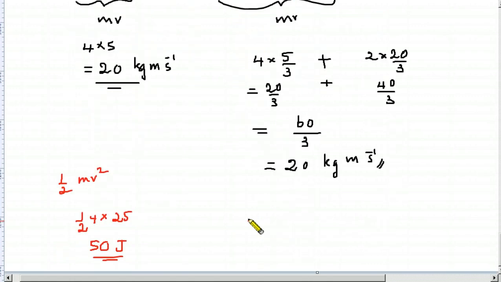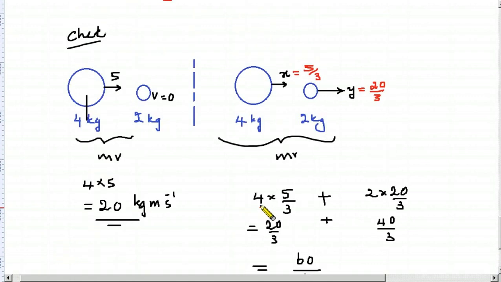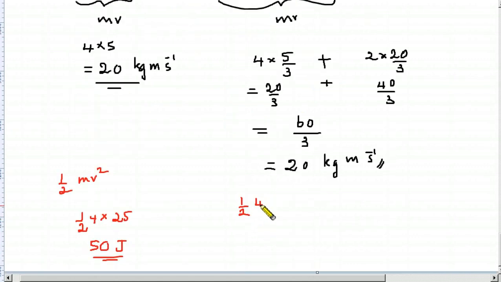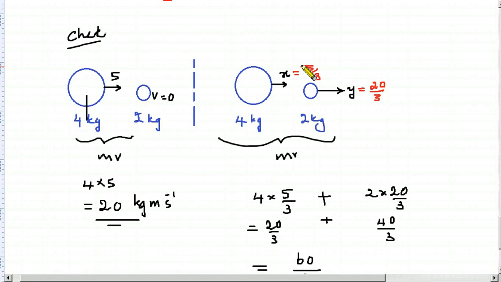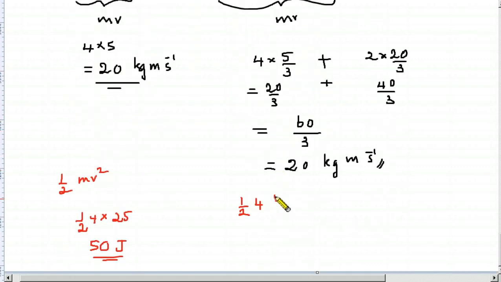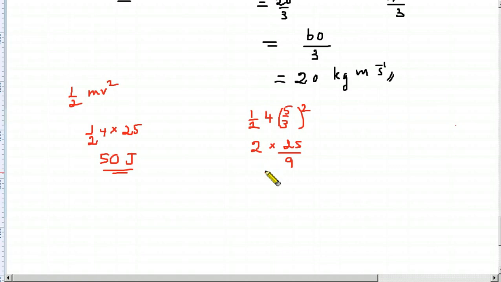So here half m is 4, velocity 5 divided by 3 squared, then 4 divided by 2 is 2, then 5 times 5 is 25, 3 times 3 is 9, then 25 times 2 is 50 divided by 9.